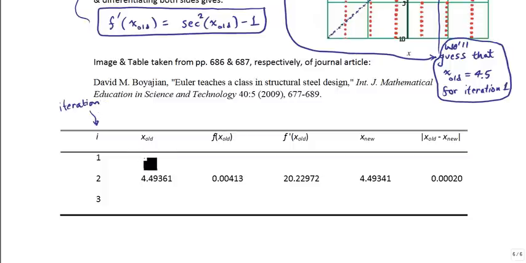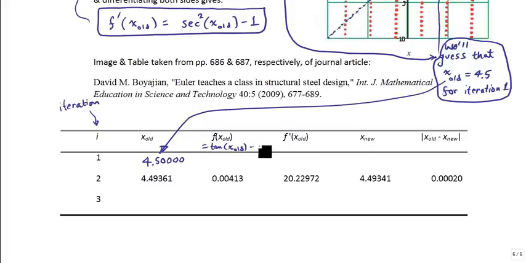And as we said, let's just start with a guess of 4.5, and I'll use 5 decimal places here just to be consistent. Okay, so we're taking our guess value as our first iteration's x value, x old, and now we plug in 4.5 into our function value. Our function value says tangent of x old minus x old.